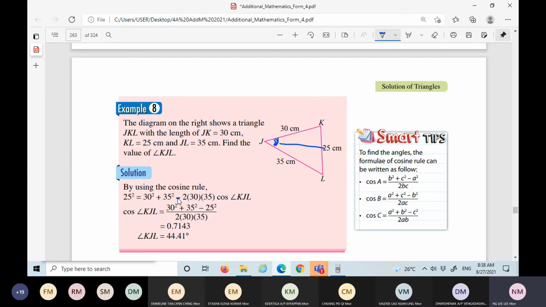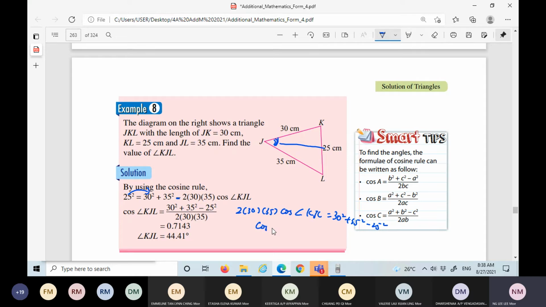Because here is negative, I move this thing to the right-hand side, so it becomes positive. Then these two remain here: 30 squared, 35 squared, and then this 25 squared moves to here, so minus 25 squared.